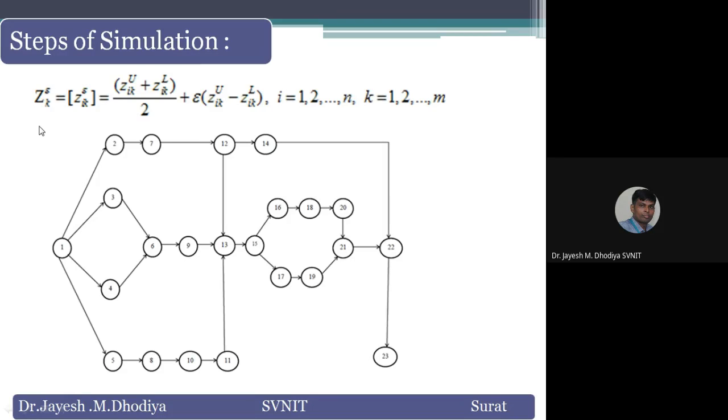It is called the risk attitude parameter based formula. Here you can put different values of epsilon. This is the upper value of the interval, this is the lower value of the interval, and if you put different values of epsilon, accordingly you can generate different values of time, cost, risk, and quality.